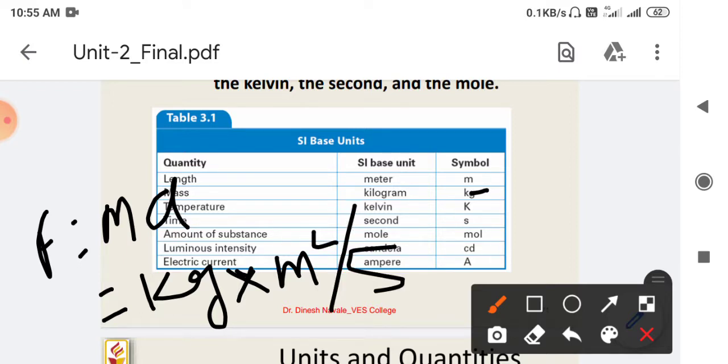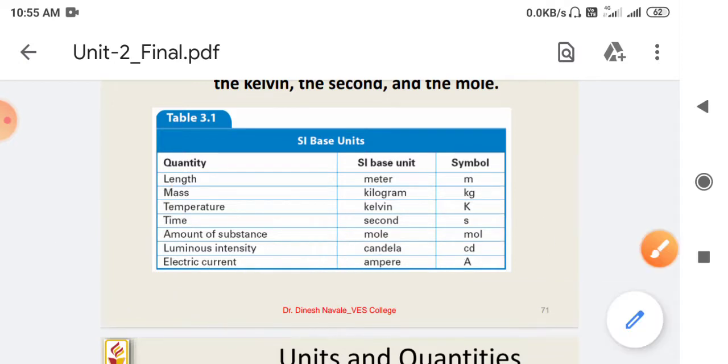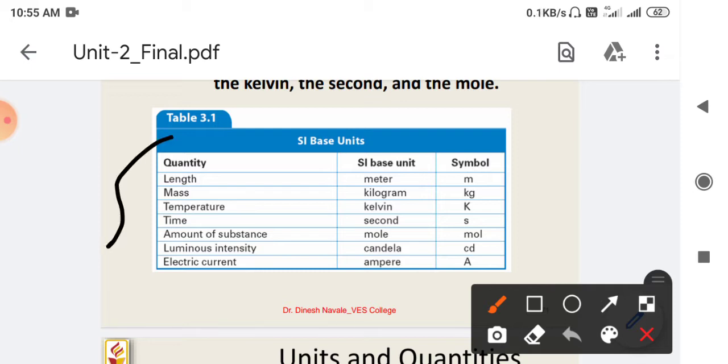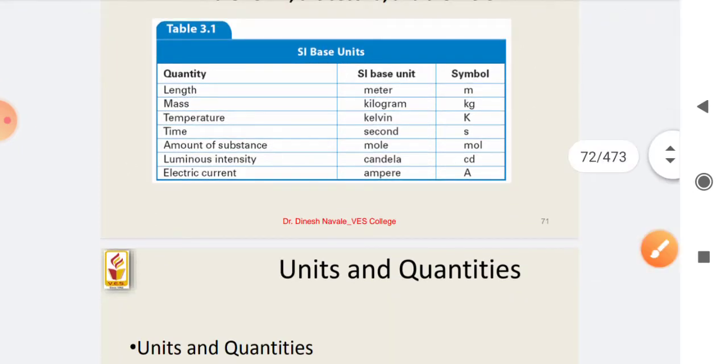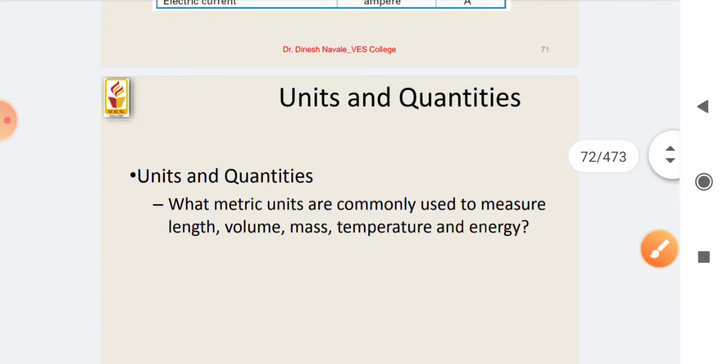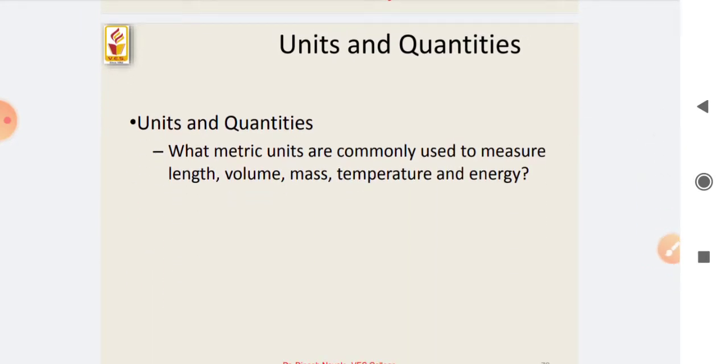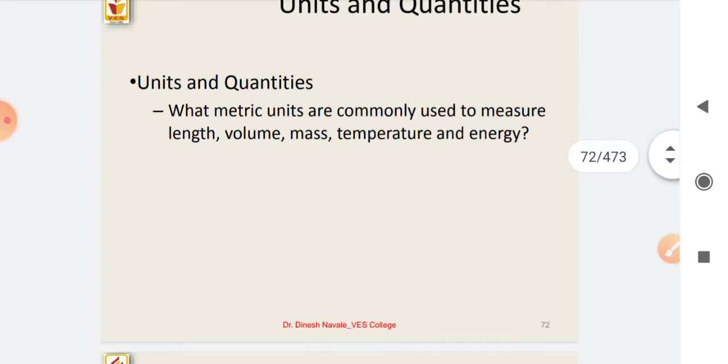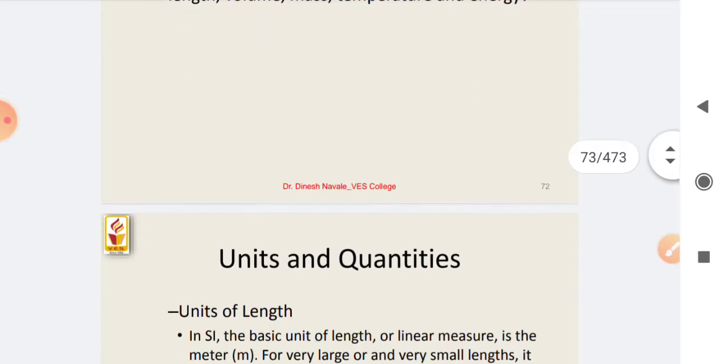Newton is nothing but this much unit. So based upon these 7 base units, we can derive all the units that we come across in the science field. We generally use length, mass, temperature, energy, etc.